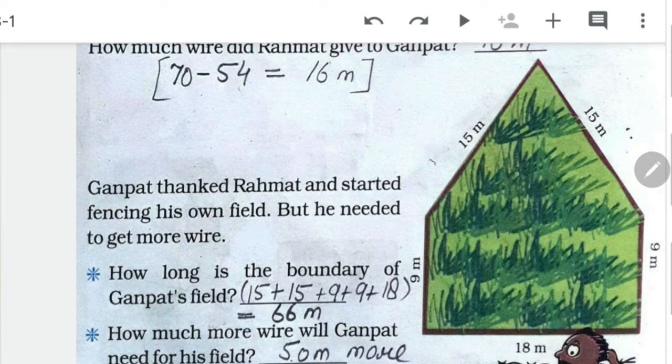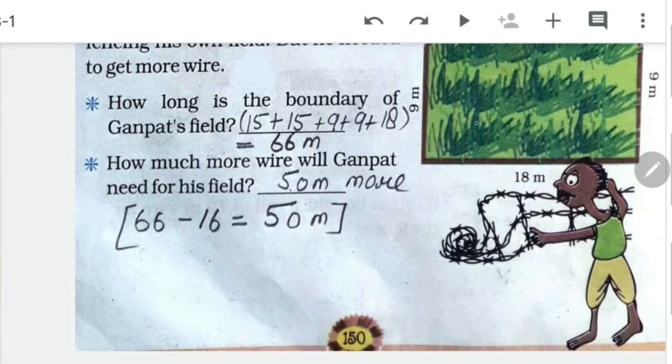That is, we have to add 15 with 15, then with 9, then with 18 and then with 9. You can see here 15 added with 15, with 9, 9 and 18. So the length of Ganpat's field's boundary is 66 meter. Now the further question is, how much more wire will Ganpat need for his field?